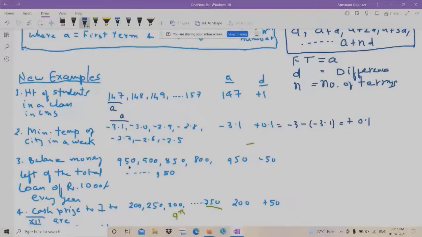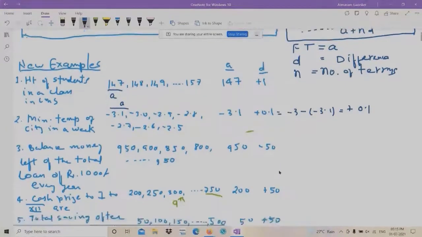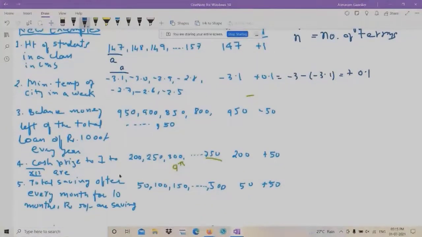So here A is 950, the difference is minus 50, because 900 minus 950 is minus 50. So likewise, the cash price is given from first standard to 12th standard, starting from 200 in the first standard and 750 for the 12th standard. So you see every time a 50 increment is there. So the difference is 50 and the first term A is 200.